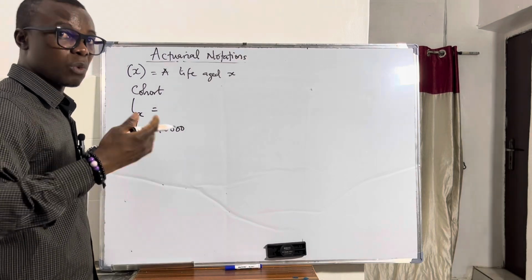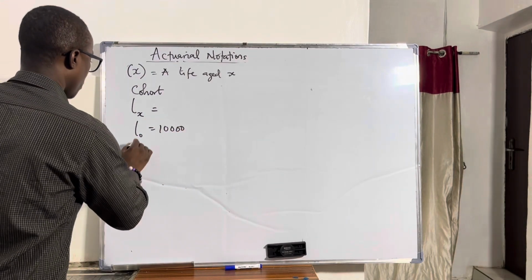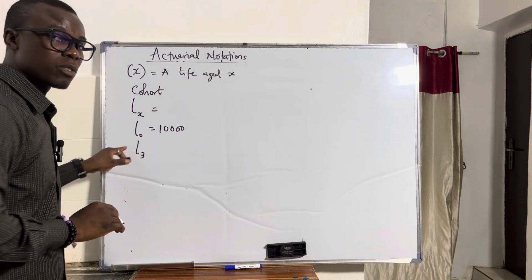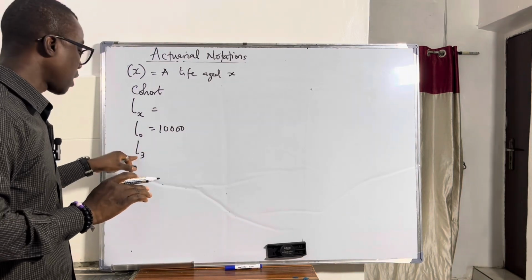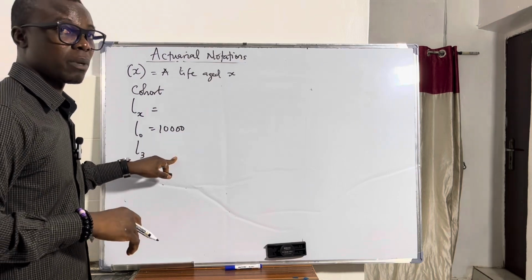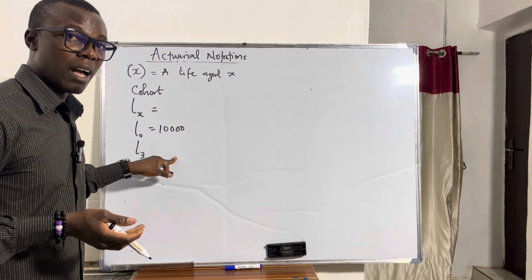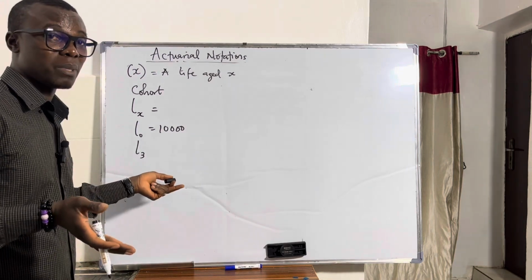Now, in the next 3 years, they will all be 3 years old. So we can call that L3. It means in that cohort, they are all 3 years old. L3, what is the number? Of course, we might lose some, some might die, and some still be alive.